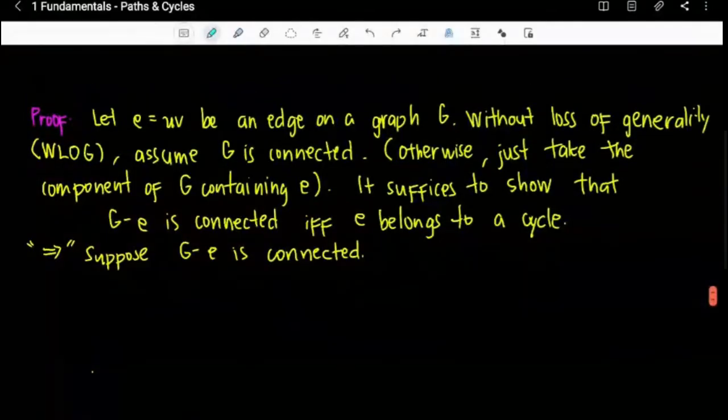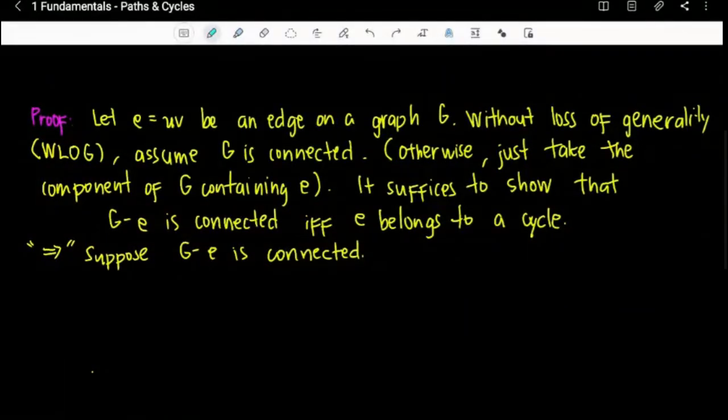Let E = UV be an edge on a graph. So, meron tayong edge UV. Without loss of generality, assume that G is connected. Kung hindi connected ang G, gagamitin mo lang yung maximal na connected component kung nasan man yung E. Okay?